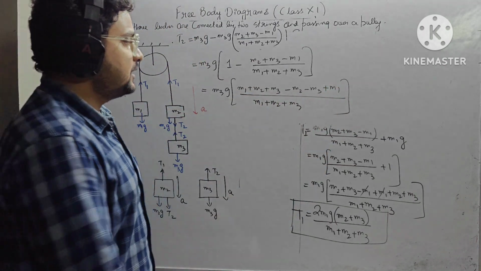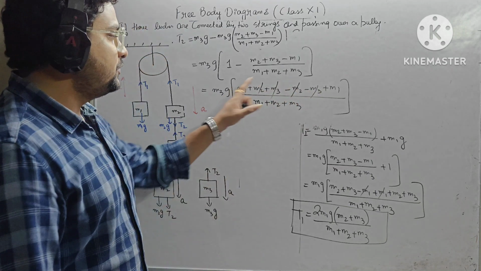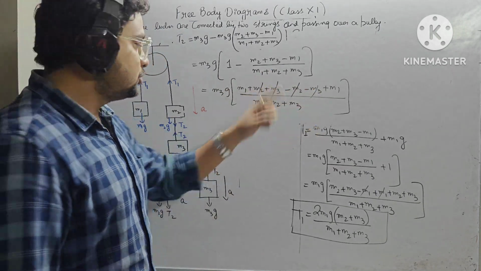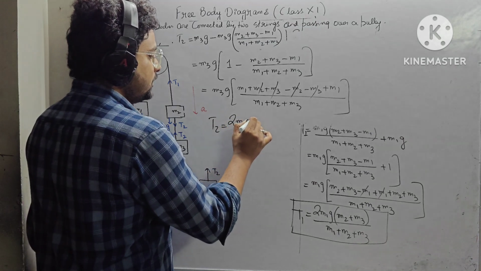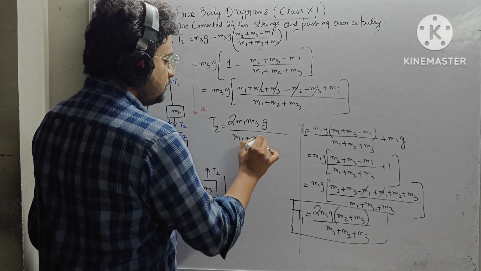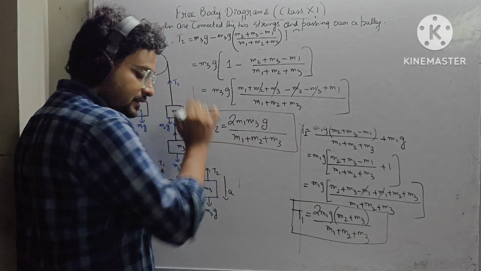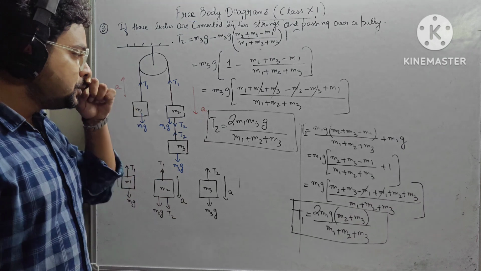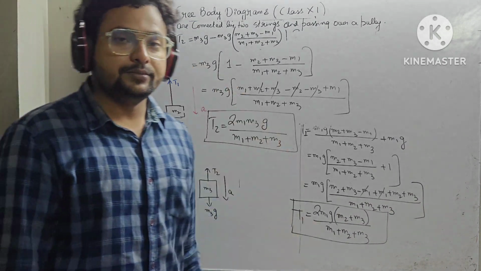Let's see what terms are getting cancelled. M2, M2, M3, M3. Here we are left with 2M1. So T2 is going to be 2M1 M3G divided by M1 plus M2 plus M3. This is your T2.